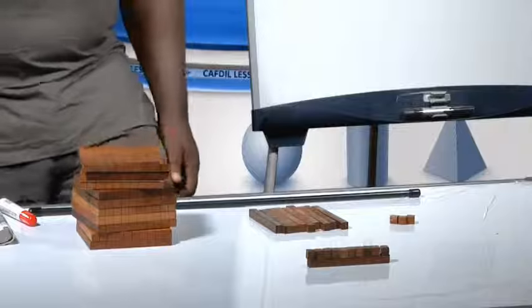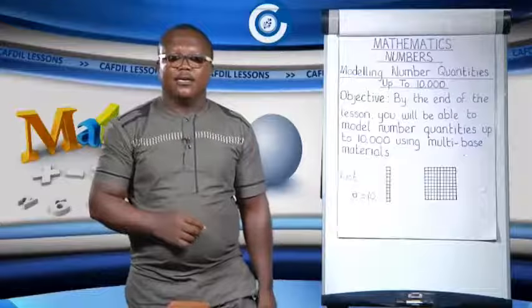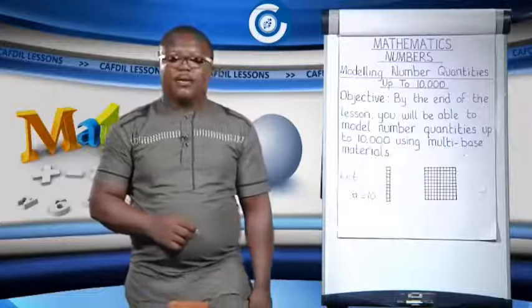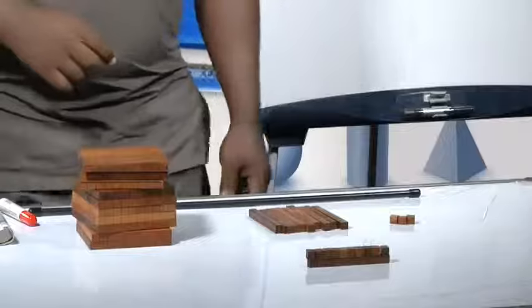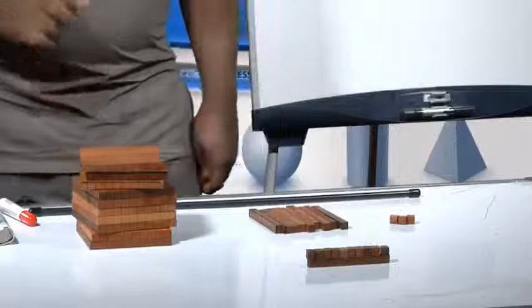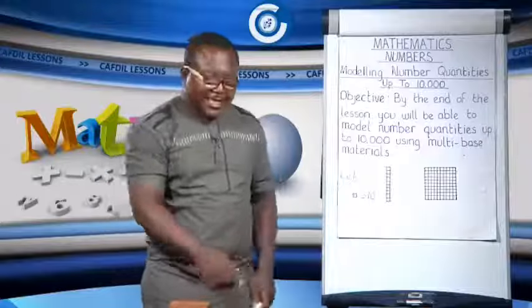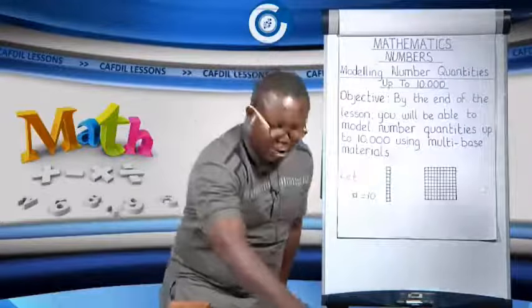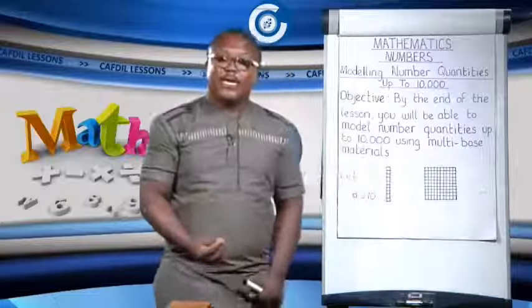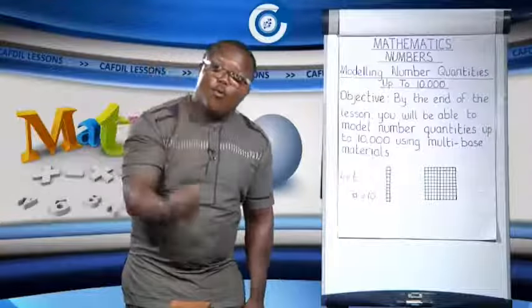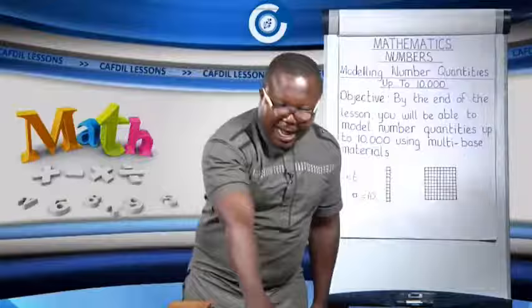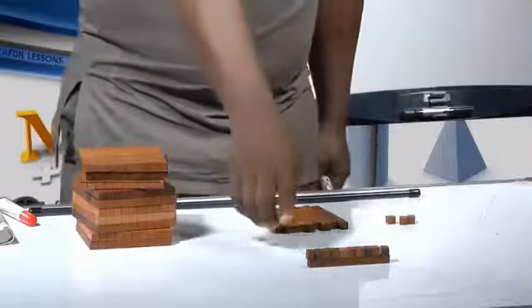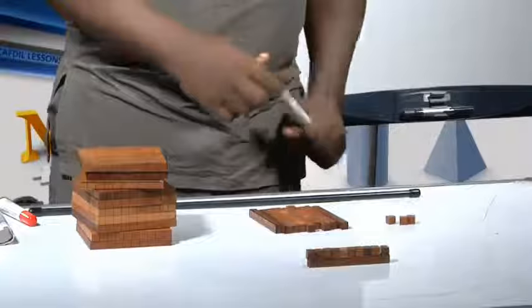So learners, if you say this cube is equal to 10, then we are supposed to get 100 of this cube before it will be equal to this long.